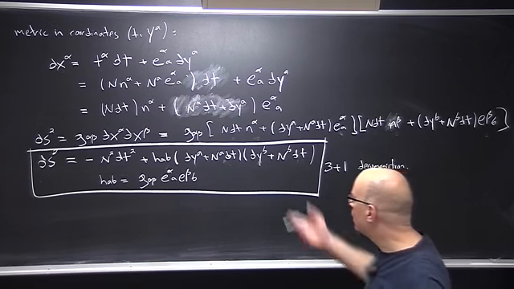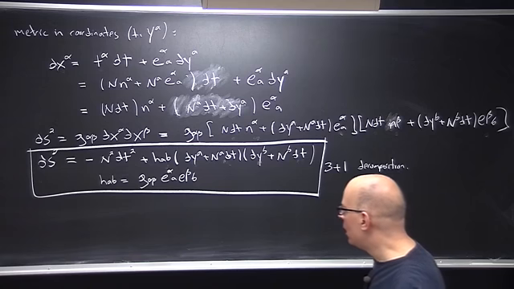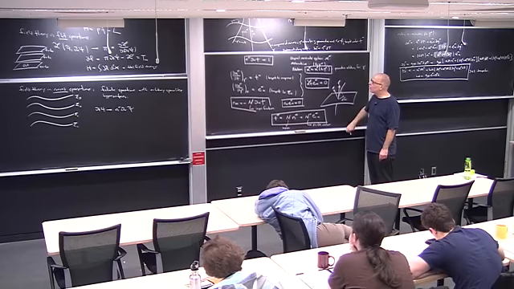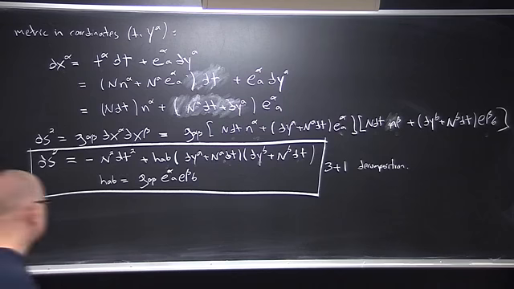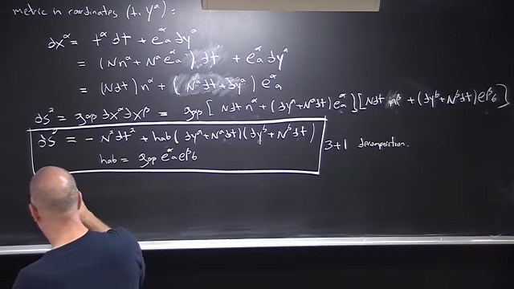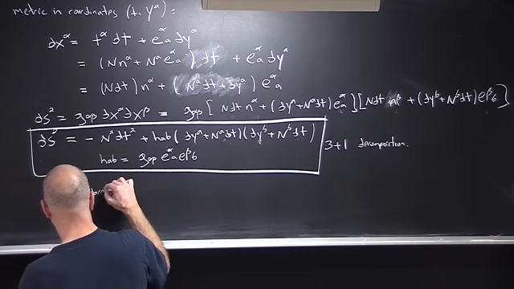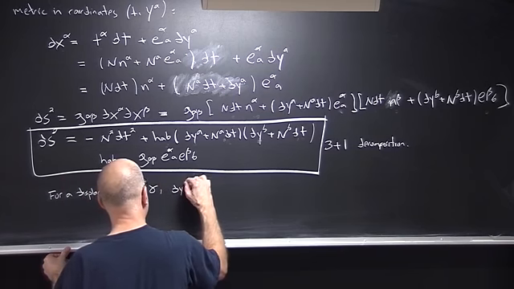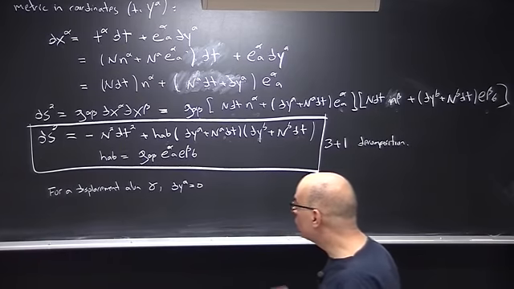Right, and that's an equation that tells you a bit more precisely what the meaning of the lapse and shift would be. For example, if you follow a displacement along a curve, y^a is equal to a constant. So for displacement along gamma, dy^a is equal to 0 because that's how we define our curves.